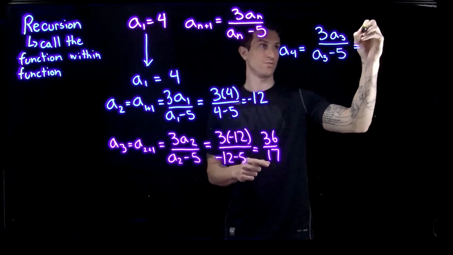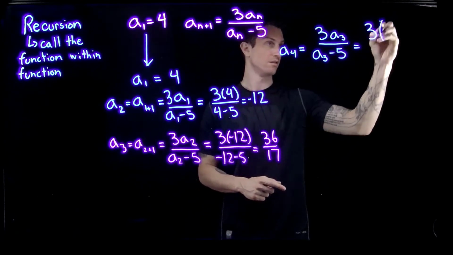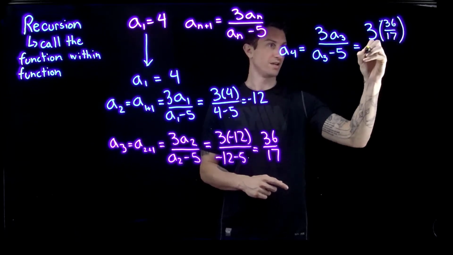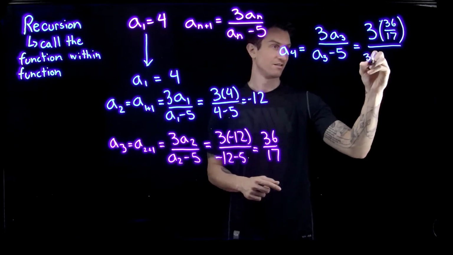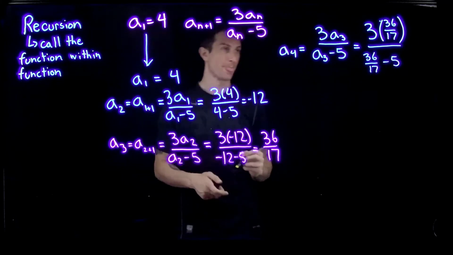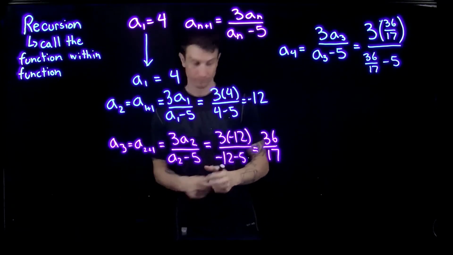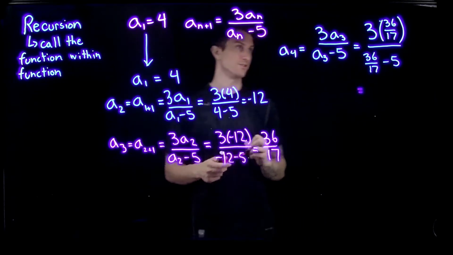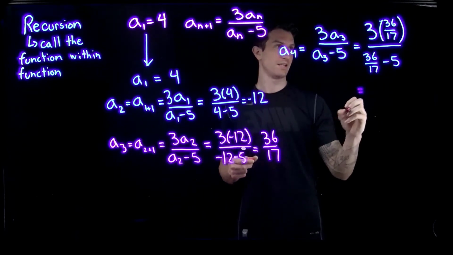So we have 3 times the ugly 36 over 17, all divided by 36 over 17 minus 5. So now we just have a bunch of ugly algebra. Okay, so equals, let's do some ugly algebra. 3 times 36, 108.